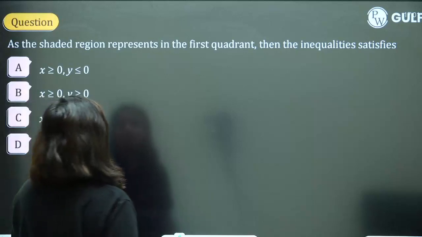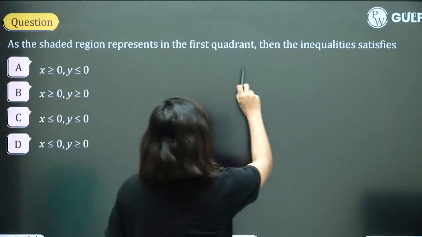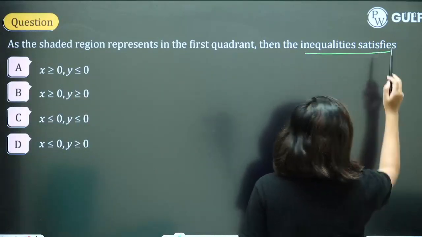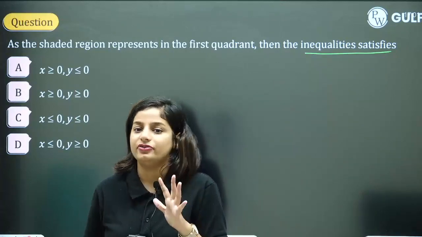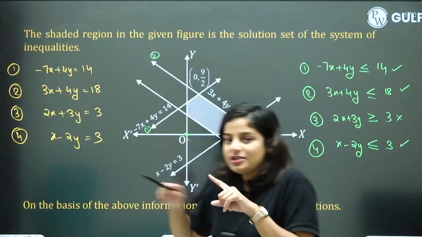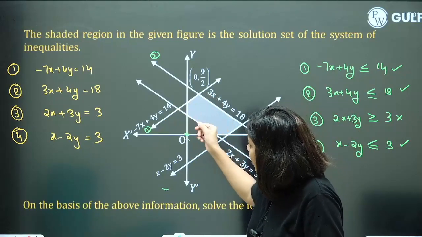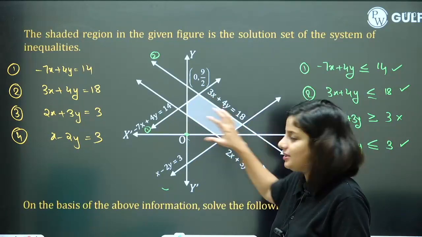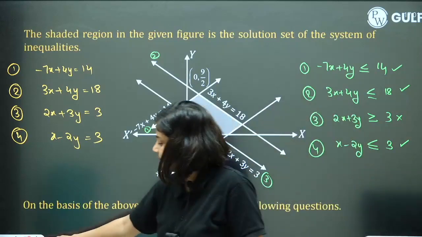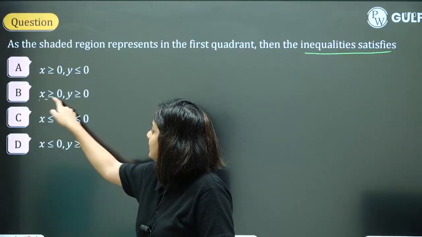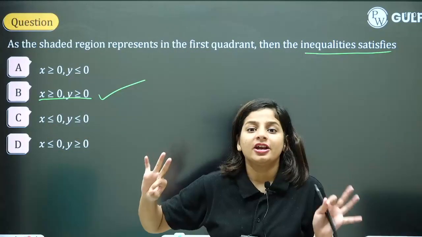Well, the first question now: the shaded region represents the first quadrant, so which inequality satisfies the shaded region? You can see the shaded region is packed in only the first quadrant. It's not even 1% in the second, third or fourth quadrant. And it strictly tells me x and y should be greater than equal to 0.